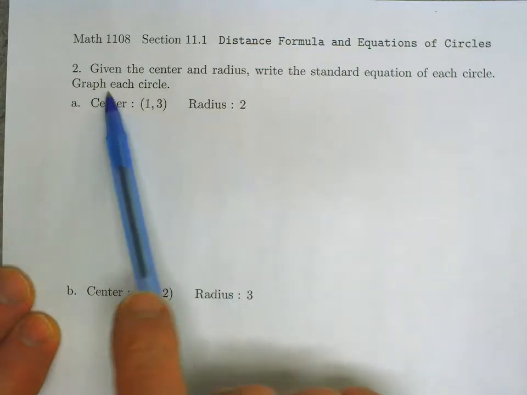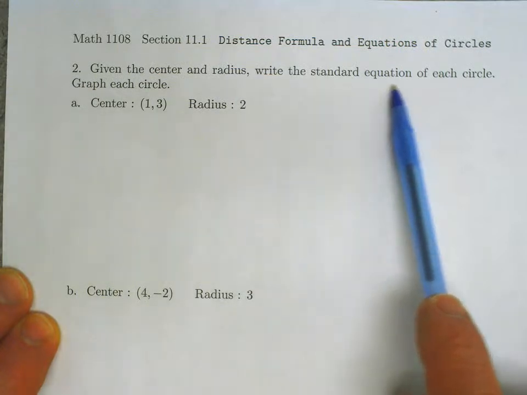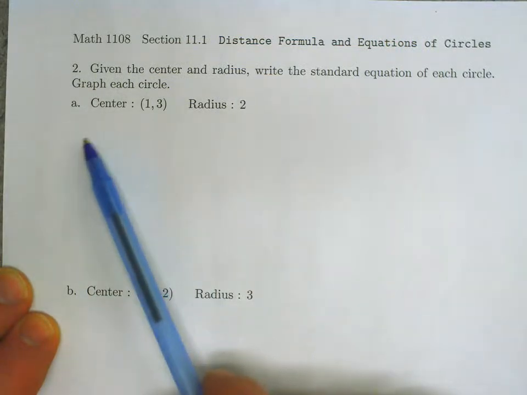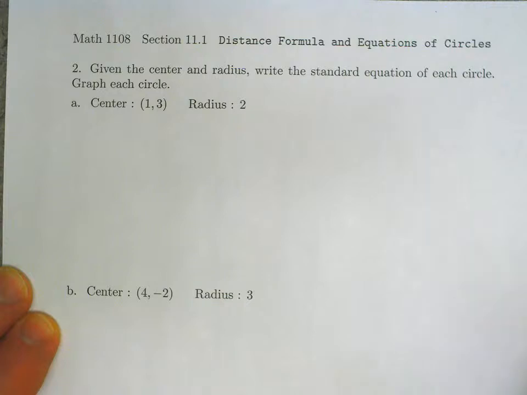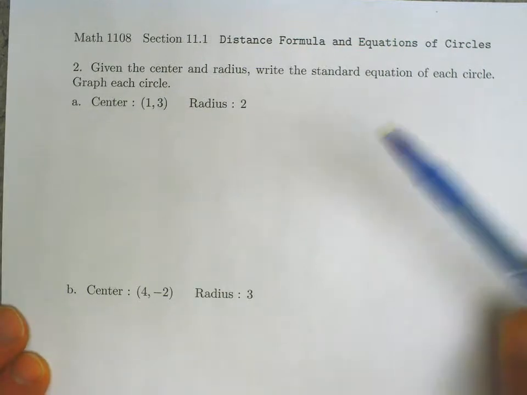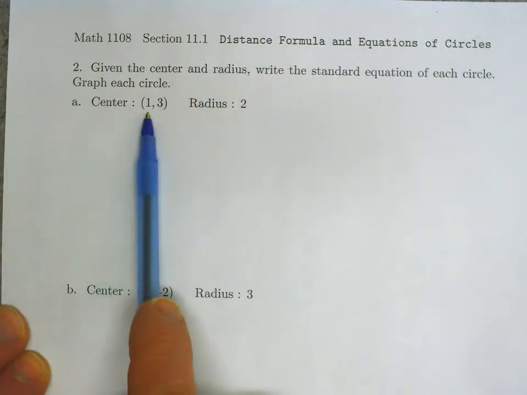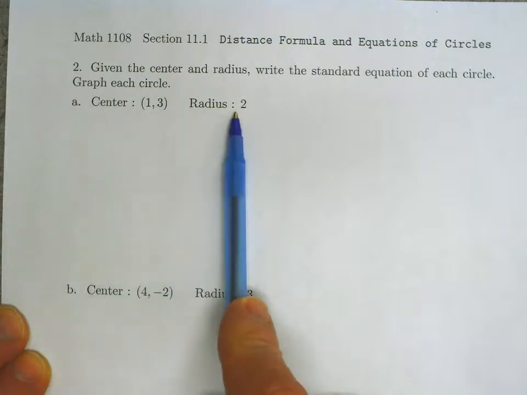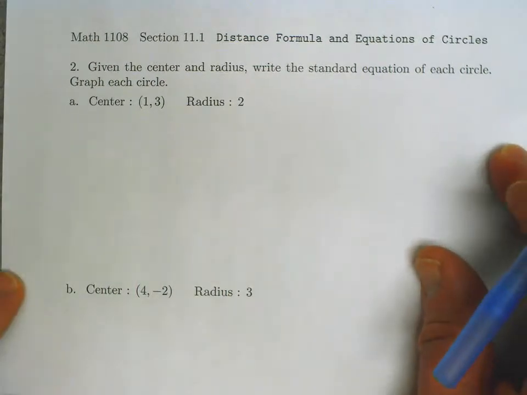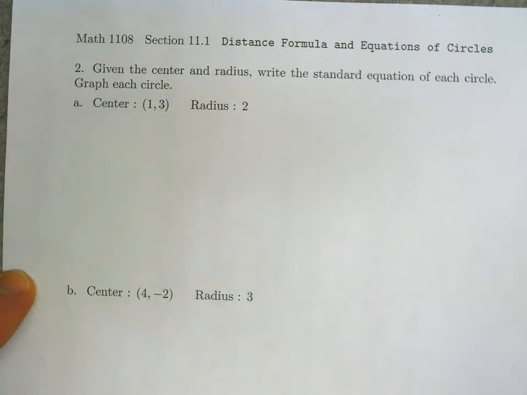So this says, given the center and radius, write the standard equation of each circle. Oh, and then it says graph each circle. Okay, so if the center is the ordered pair 1, 3, and the radius is 2, well, we can just write down the standard equation.